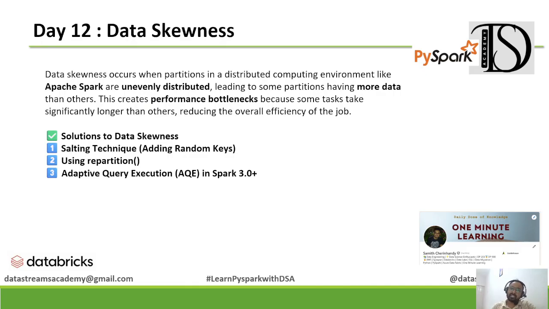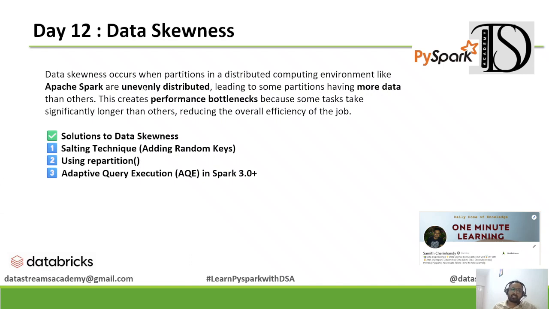So that scenario of having an uneven distribution of the data is called data skewness. Let us read the definition and see how data skewness impacts your performance, and we'll talk about a couple of solutions for that.